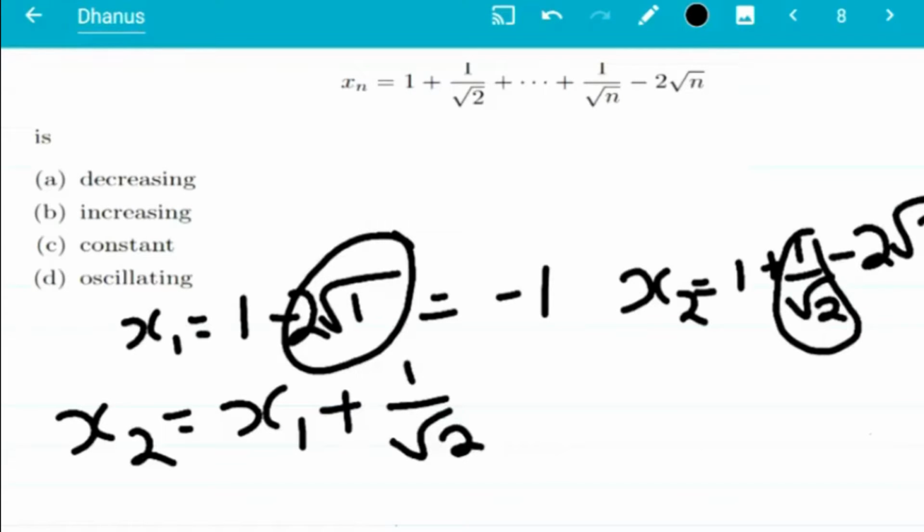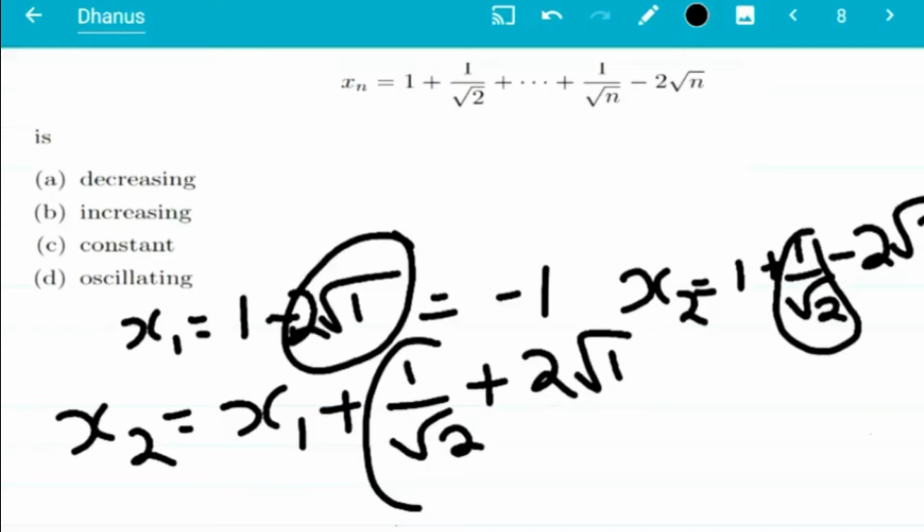Here we are adding, and so here we have to add 2 root 1, and we have to subtract this term, 2 root 2.